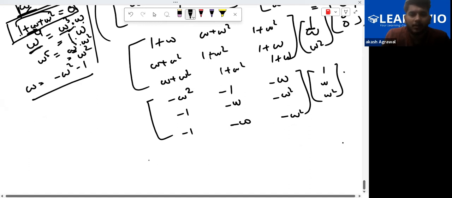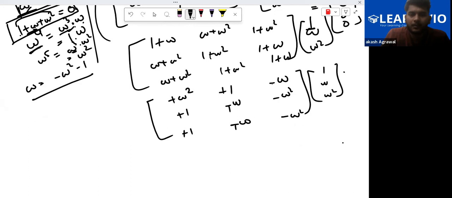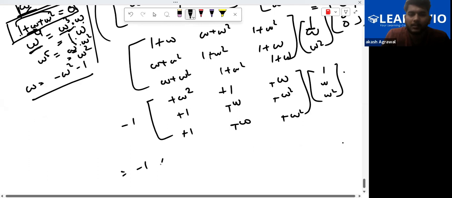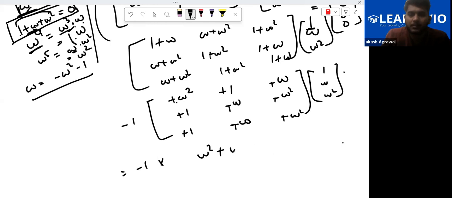We can take this minus out also, right? So let me make everything positive so that in multiplication we don't make any mistake. So minus 1. Now if you multiply, omega square times 1 is omega square, plus omega times omega square is omega cube. Omega square times omega square is omega 4.